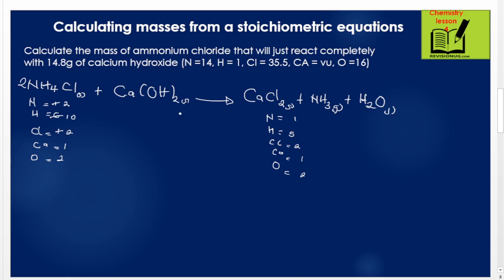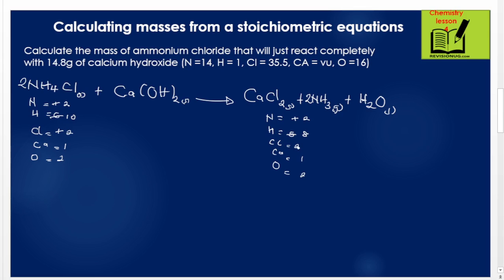Then automatically nitrogen is not balancing, and calcium, oxygen and chlorine are not balancing either. So here nitrogen we change it to 2, then 6 plus these 2, now they become 8.